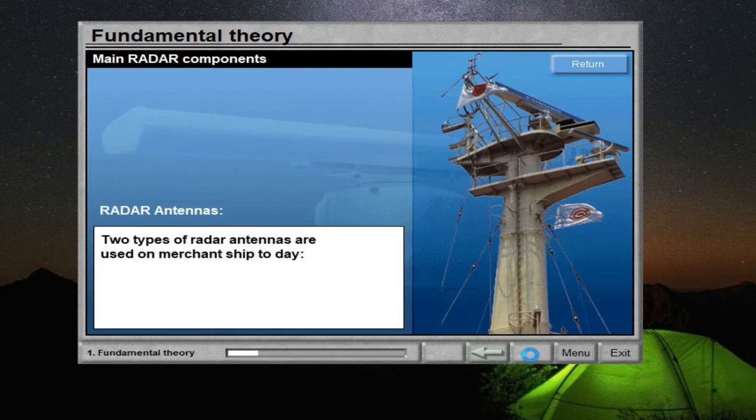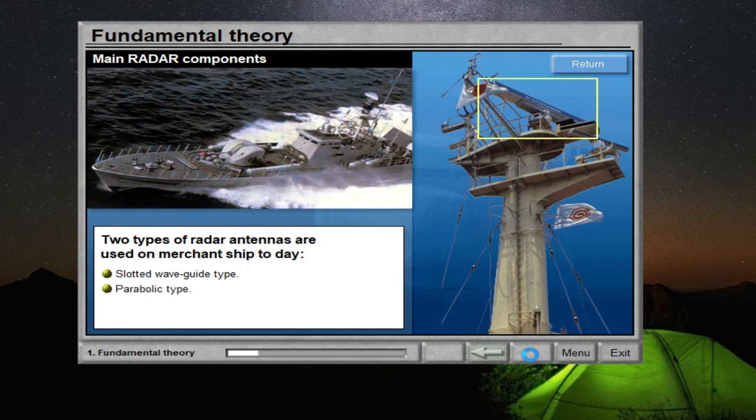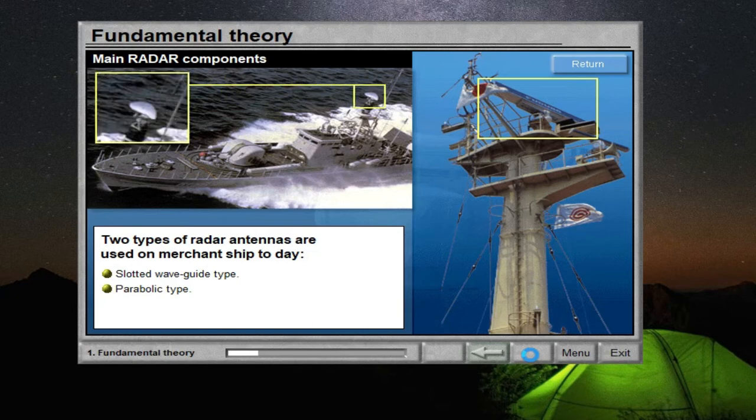Two types of radar antennas are used on merchant ships today: slotted waveguide type and parabolic type. The slotted waveguide type is the most common nowadays. There are several reasons for this.